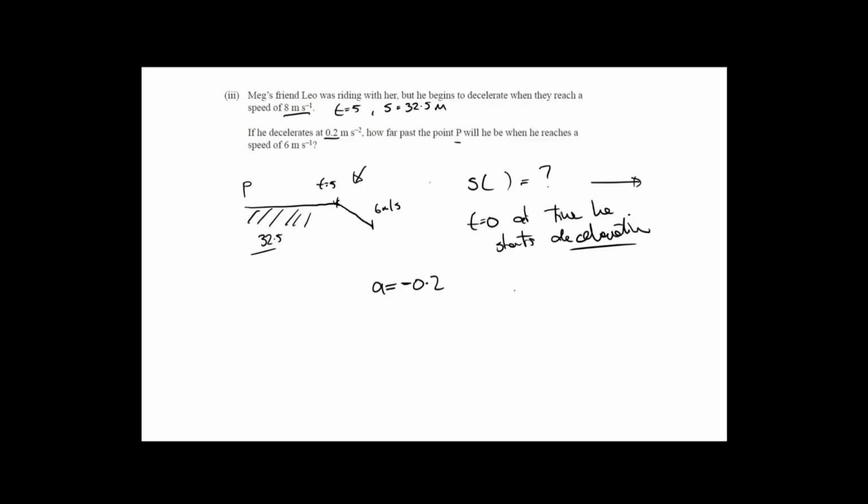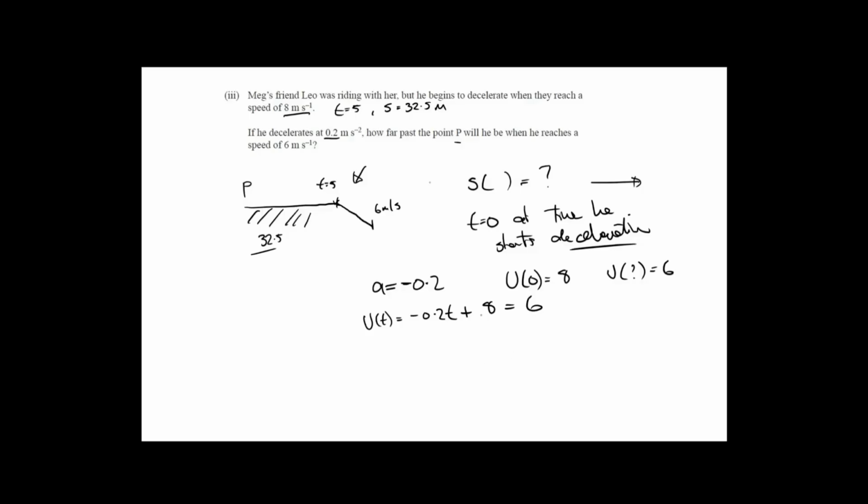Okay, and the initial velocity when t equals 0 in our model was 8, and the final velocity that we don't know is going to be 6, and we need to solve that for t. So v(t) is going to be negative 0.2t plus the initial velocity 8, and we're going to set that equal to 6 and then solve for t.